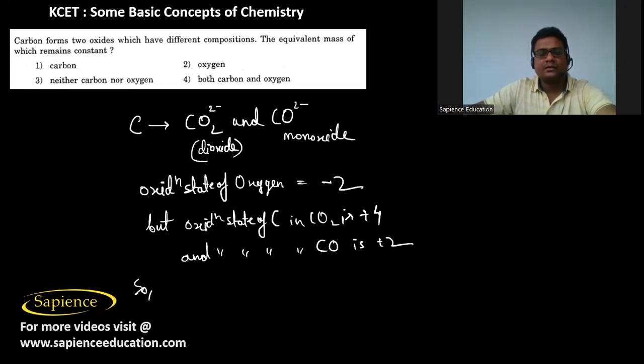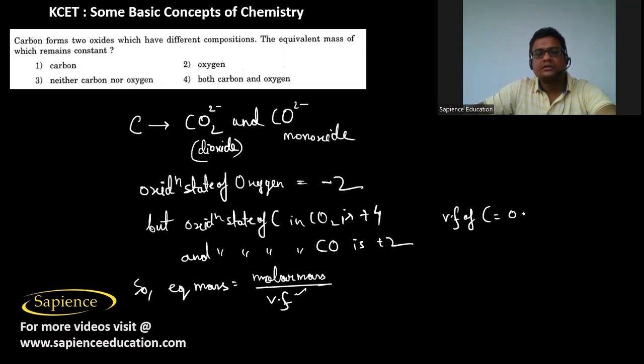So therefore, the equivalent mass, as we know, equals the molar mass divided by the valency factor. Now, since the valency factor of carbon is the same as the oxidation state of carbon, and the valency factor for carbon is not the same, the equivalent mass of carbon is also not the same.